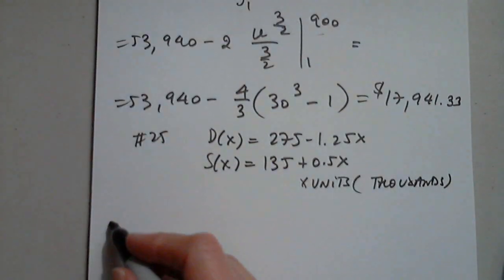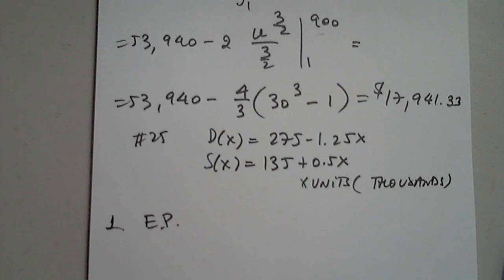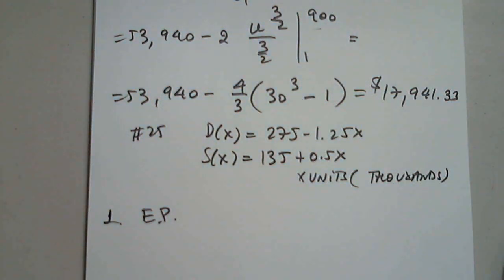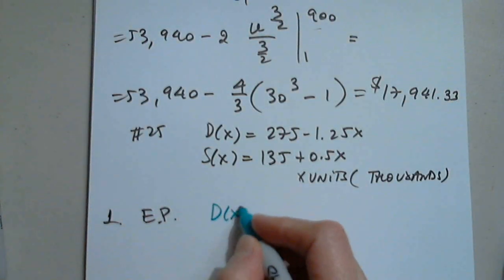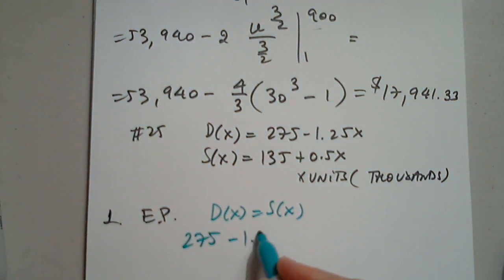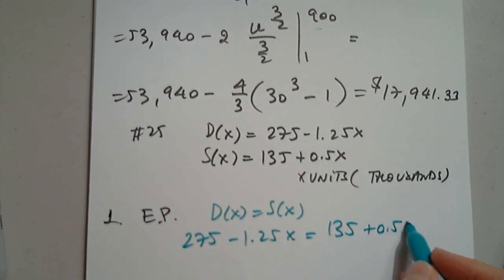Good. So let's start with number 1, the equilibrium point. How do I find that? How do we find the equilibrium point? You told me a few minutes ago that we have to set them equal to each other. So d of x equals s of x. 275 minus 1.25x equals 135 plus 0.5x.